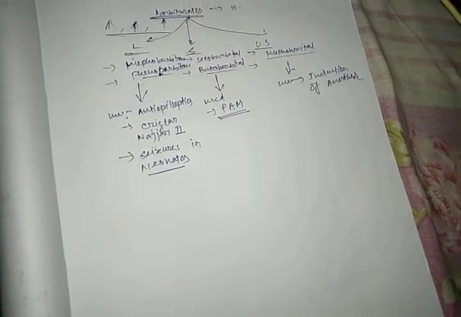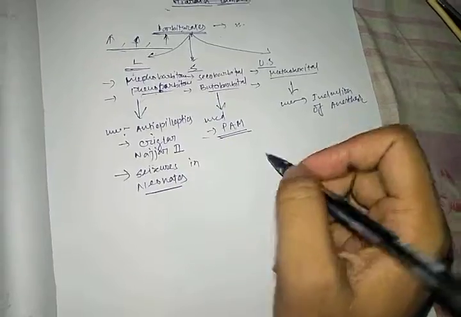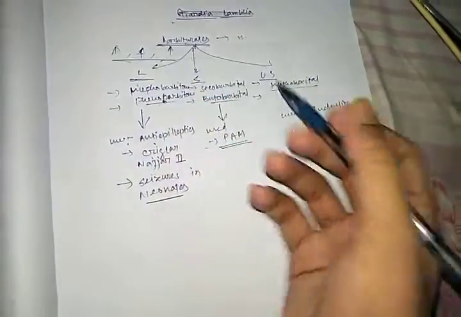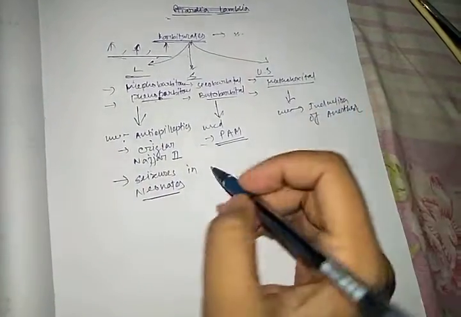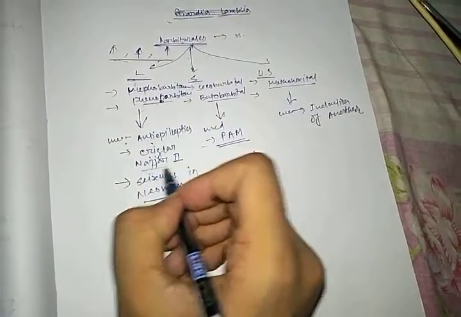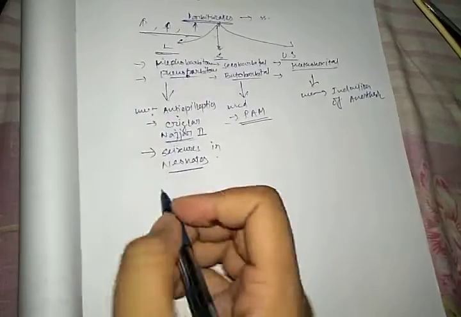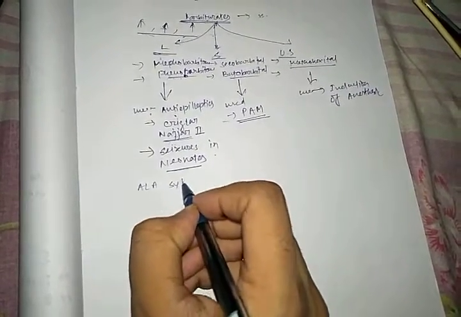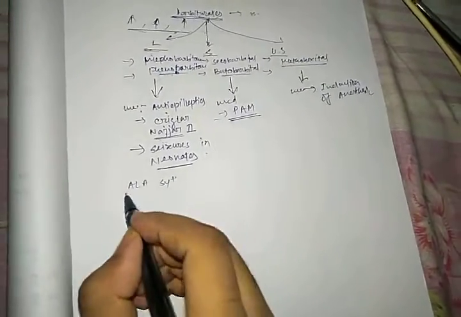Now guys, as you know, these barbiturates are enzyme inducers, right? Phenobarbital is an enzyme inducer. So in Crigler-Najjar syndrome, there is one enzyme, which is required for heme synthesis, right?